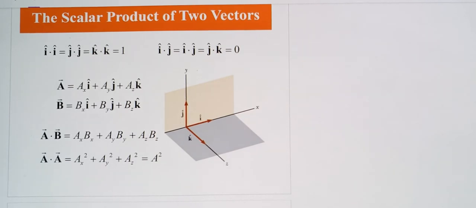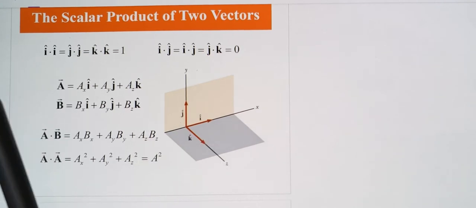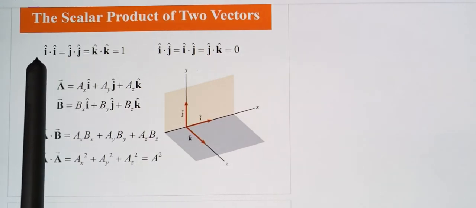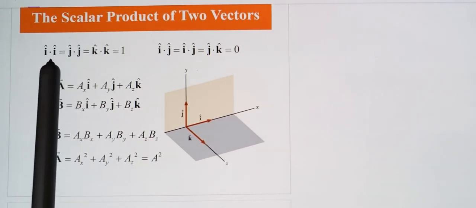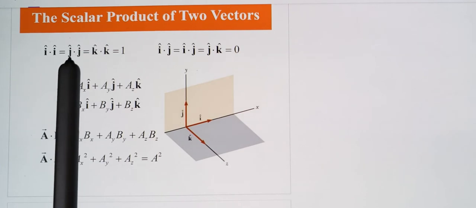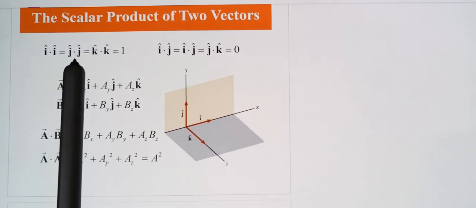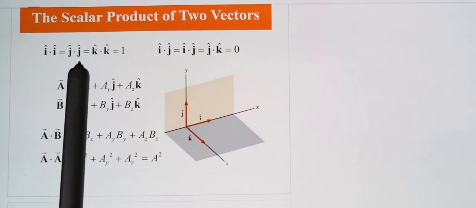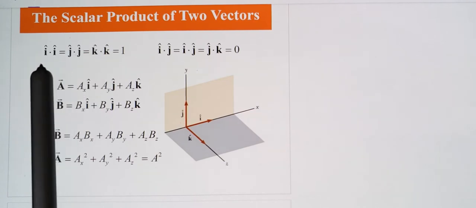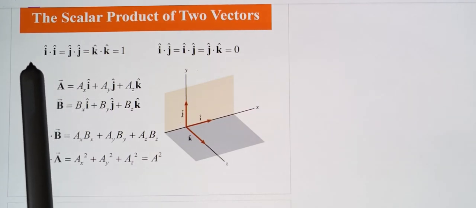To do a dot product, we need to understand this fact. I squared, or I multiplied by I, will give me 1. J multiplied by J will give me 1. K multiplied by K will give me 1. And I, J, and K are unit vectors.